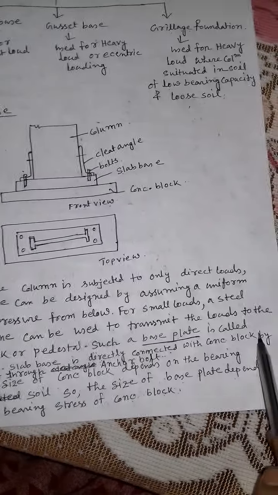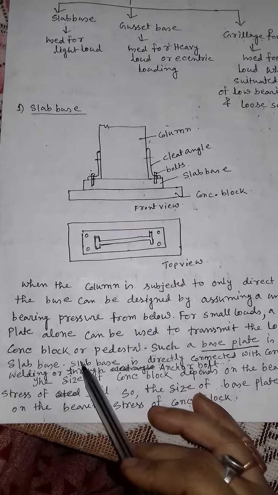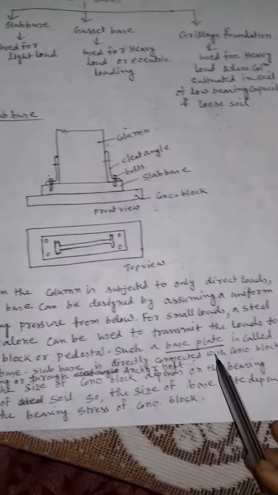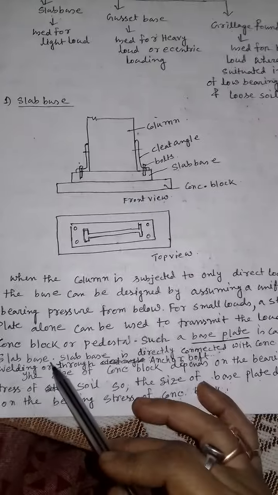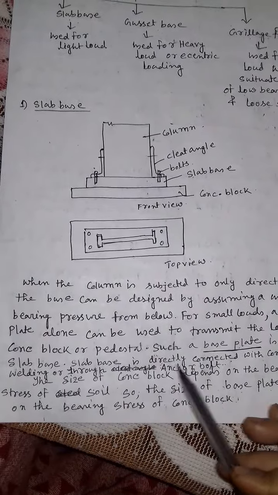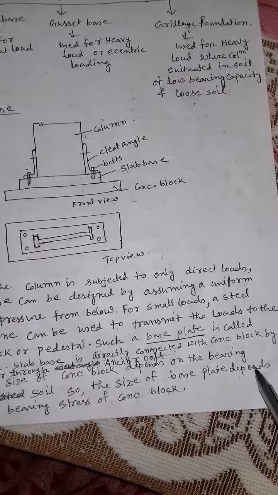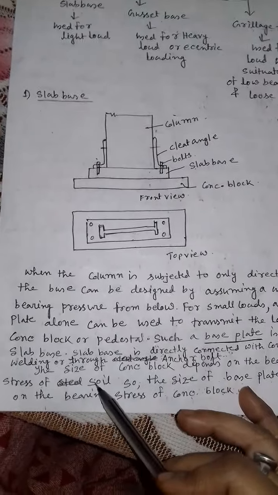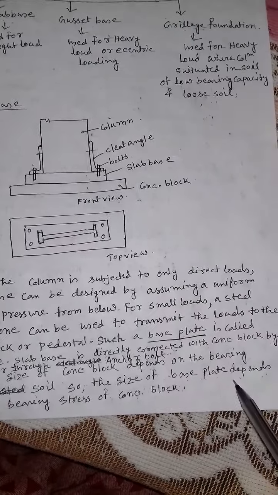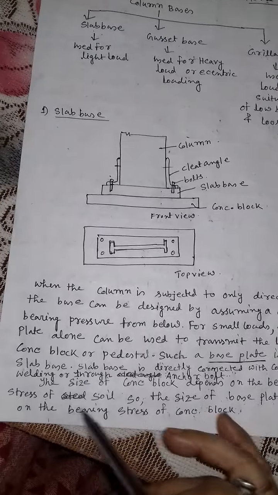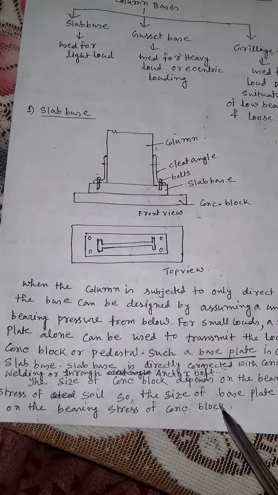Such a base plate is called a slab base. The slab base is directly connected with the concrete block by welding or through anchor bolts. The size of the concrete block depends on the bearing stress of steel, so the size of the base depends on the bearing stress of the concrete block.